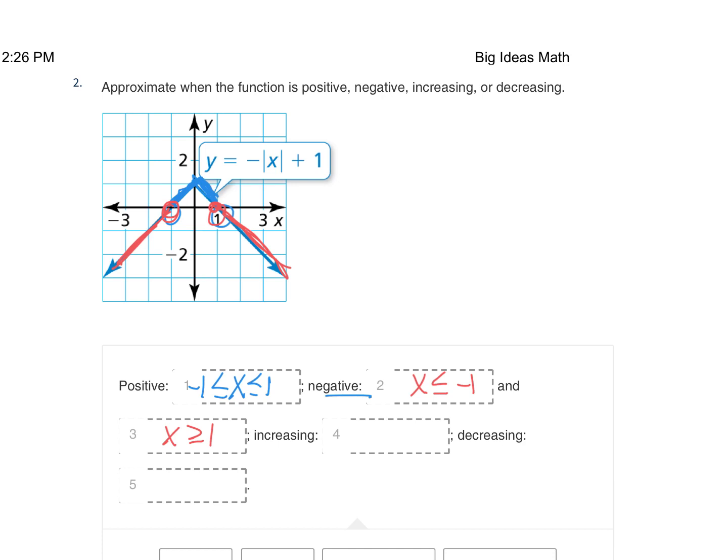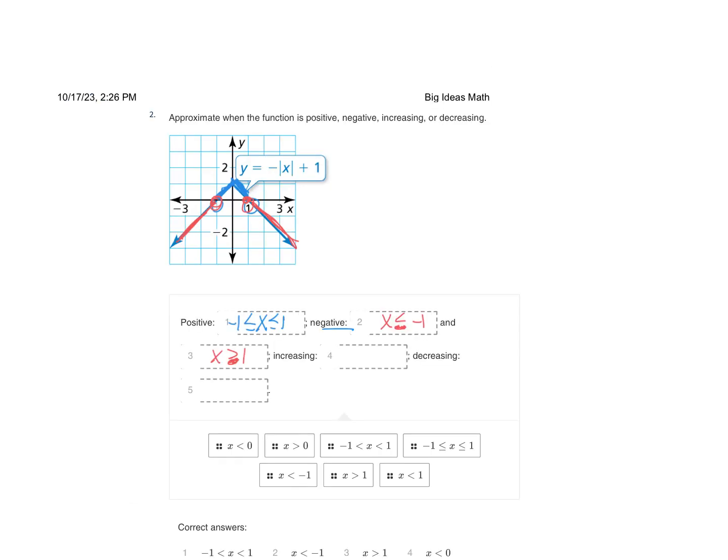And this is just going to be, you don't have to do the or equal to.